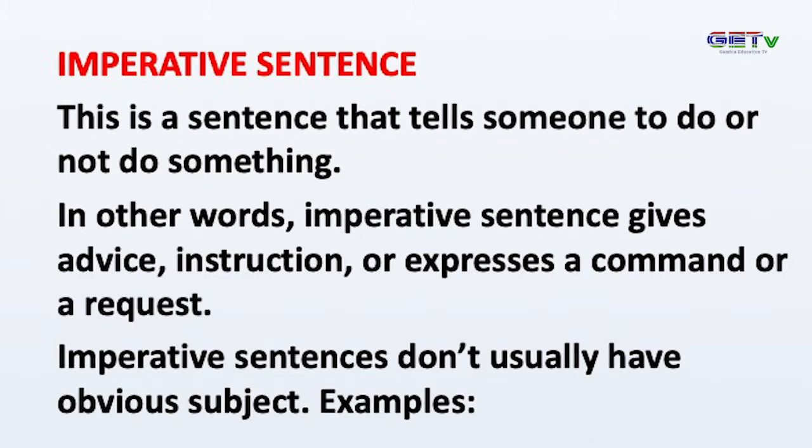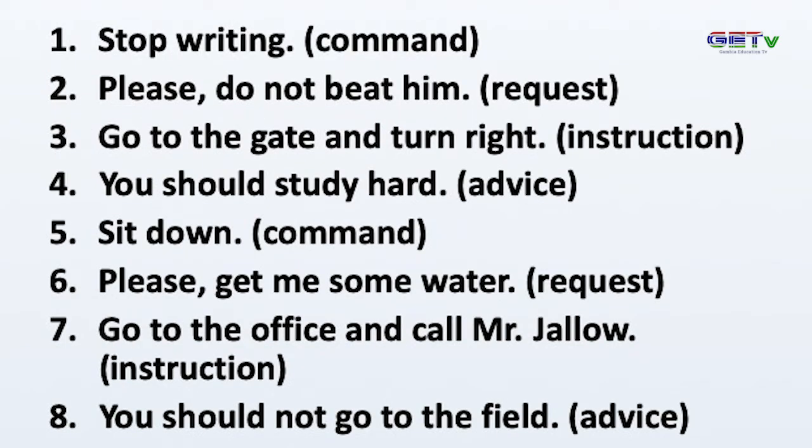Imperative sentences don't usually have an obvious subject. Of course, we will do that as the lesson is going on. We're going to look at elements of a sentence, where we look at the subject, the verb, the object, etc. But these types of sentences don't usually have an obvious subject. We'll come to learn that while the lesson is going on. Let's move on.